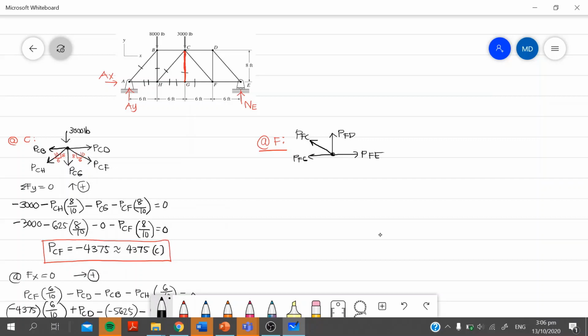Okay. Now let's do the equilibrium equation. Okay, sum of forces, vertical equal to 0. Say upward is positive. So, the slope of FC, by the way, 8 vertical, 6 horizontal, 10 hypotenuse.